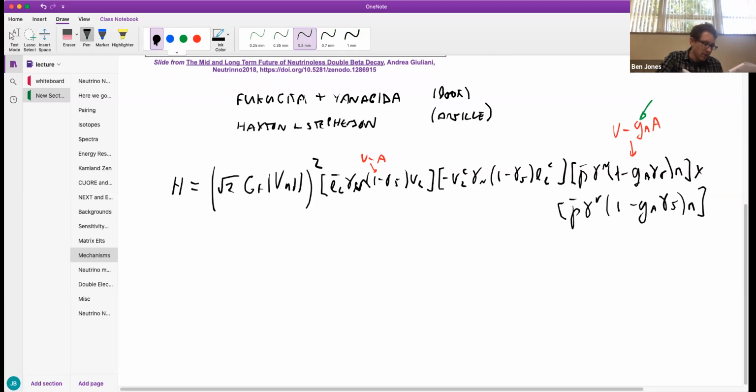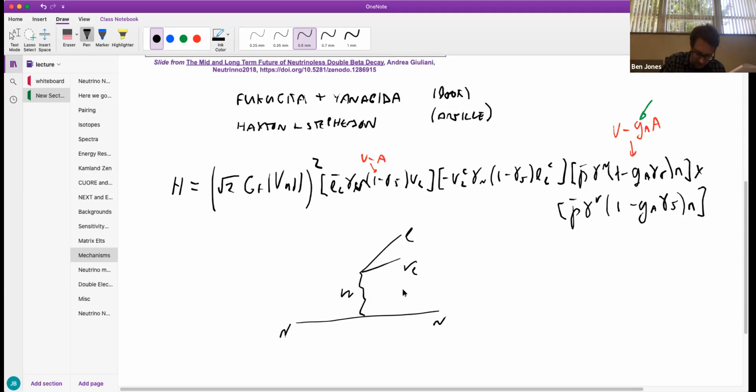So essentially, what this GA is: if we had just a nucleon decaying in vacuum, not inside a nucleus, then we would have a process that looks something like this. Okay, this is a beta decay, neutron, we'll just call it capital N for nucleon for the time being.